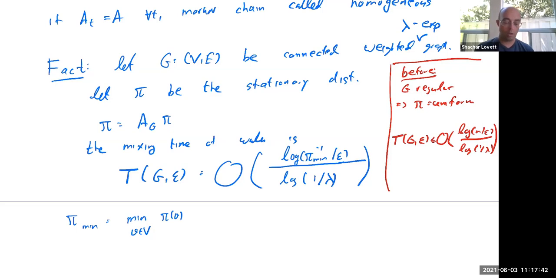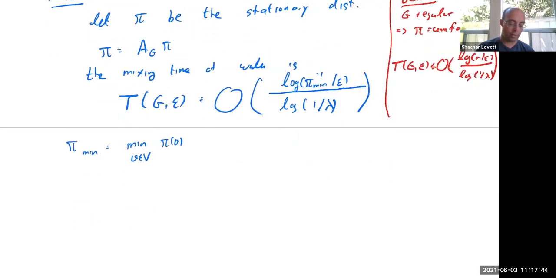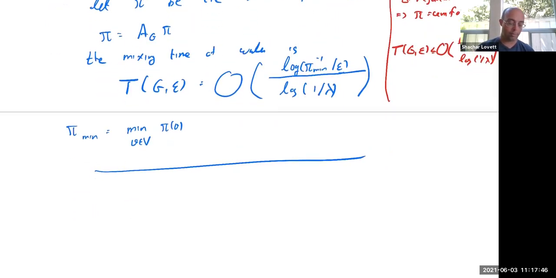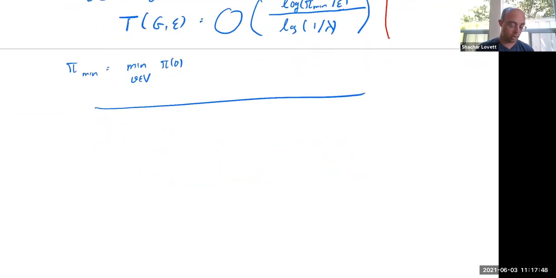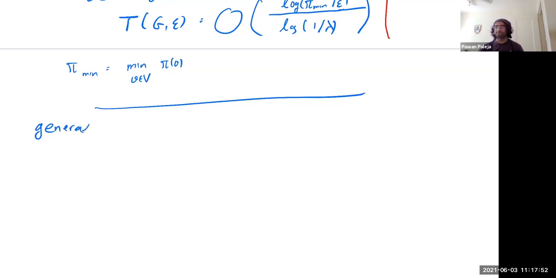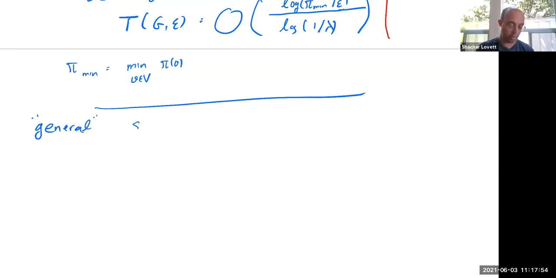Okay. So now let's see how we can define a general sampling problem.